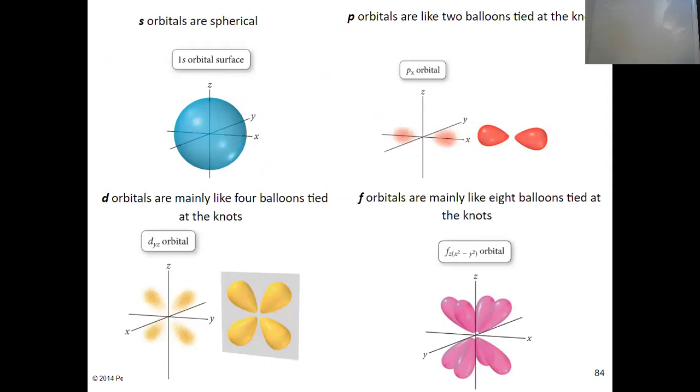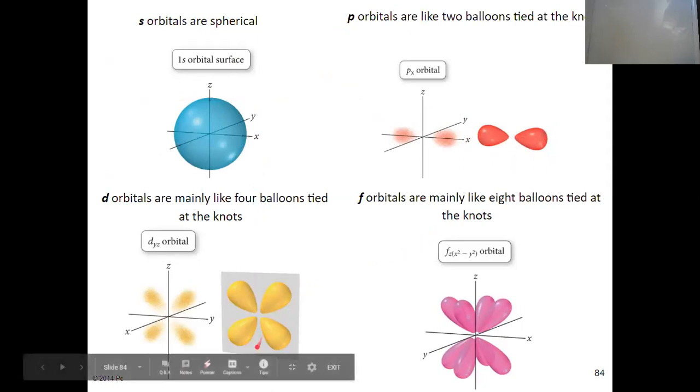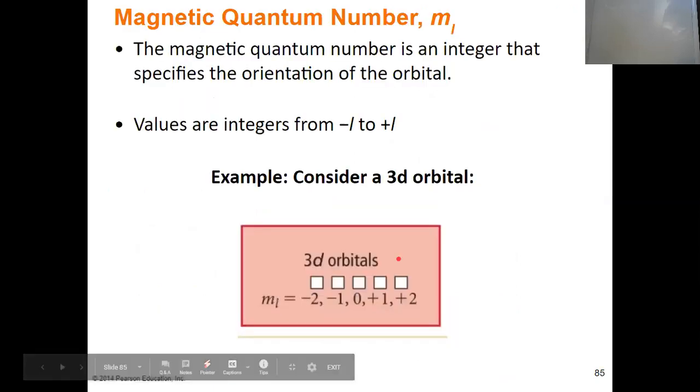So it's a place where you would not have an electron, but your electrons could exist in either of these lobes. A d orbital looks like 4 balloons that are tied together. And then your f orbital looks very complicated. There's actually one more d orbital as well, but I think we'll get a picture of that later on.